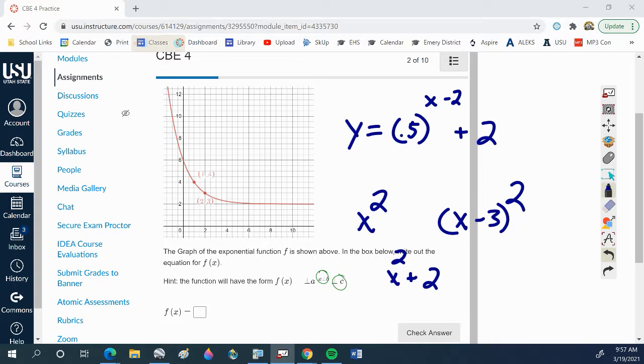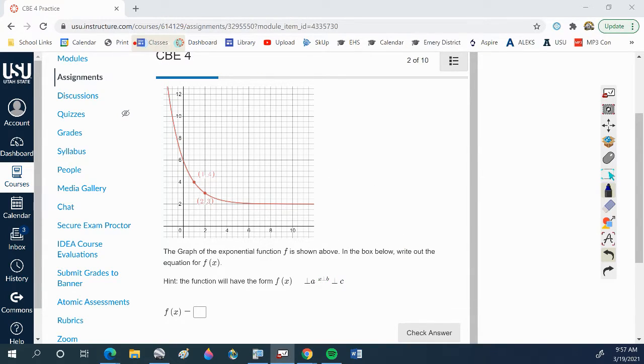How come? On the inside, the x's go backwards. The y's work the way they're supposed to, and the x's go backwards. So if I can figure out what the original graph looked like and count the transformation, then I can solve all of this without logarithms. So we know that it's plus 2.